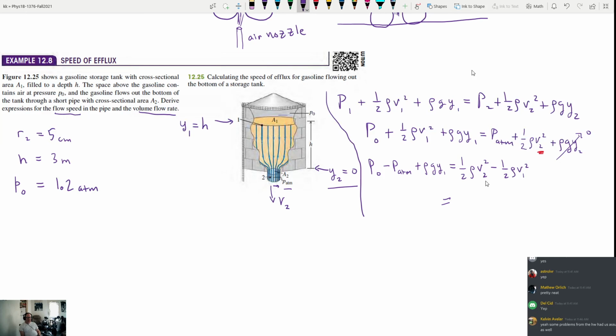In this case, though, if v2 and v1 are both unknowns, is there a relationship between v2 and v1, do you think? The velocity of the flow at the bottom versus the velocity of the flow at the top?